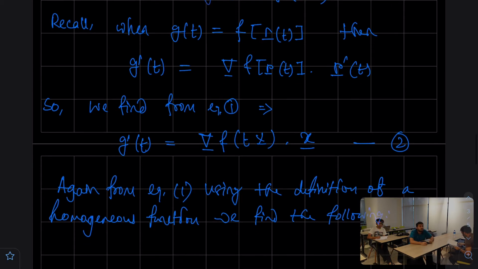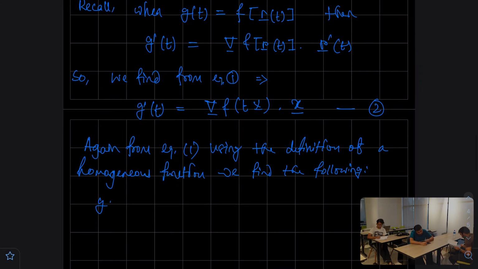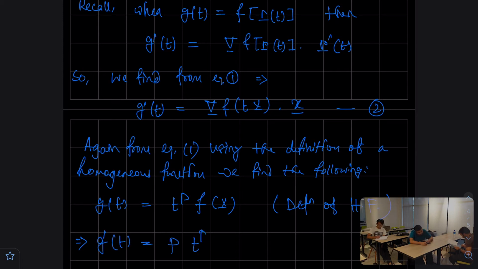What do we find? So we have g of t, but now I'm going to use this expression as the definition of homogeneous functions. And then I take the derivative of it. That's my equation 3.